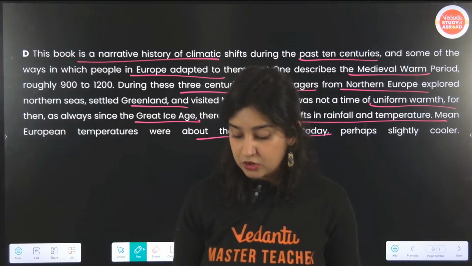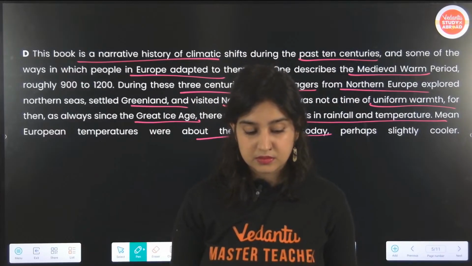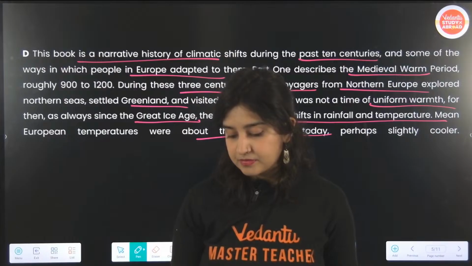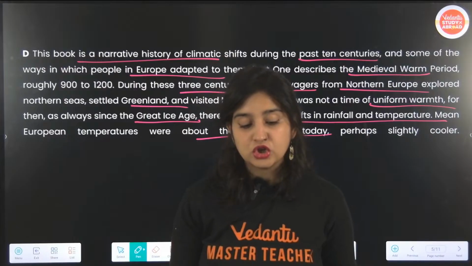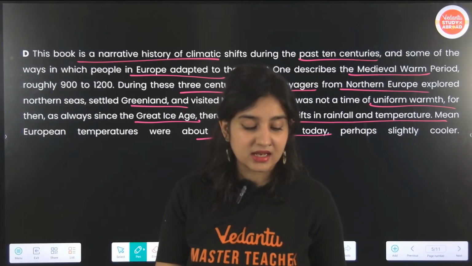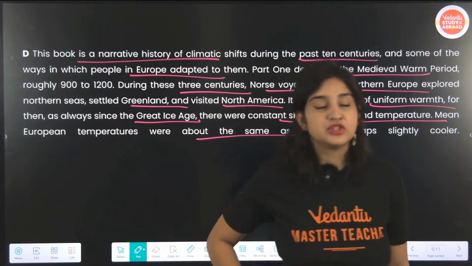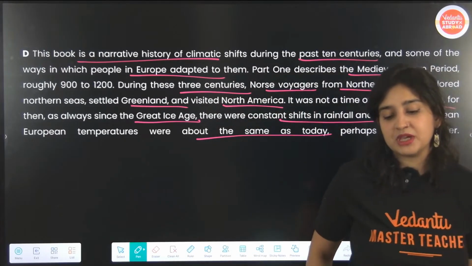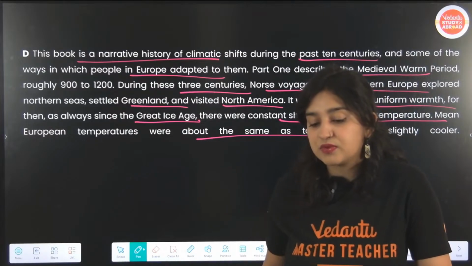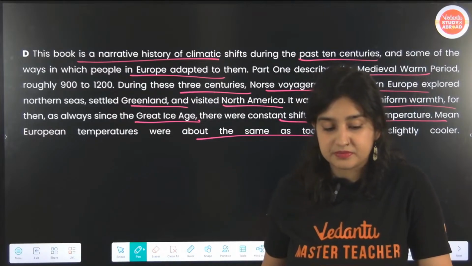Come on, come on, come on. You don't even have to read again what is being said. Just by looking at a few keywords, you should be able to tell what the notes for this paragraph should be.